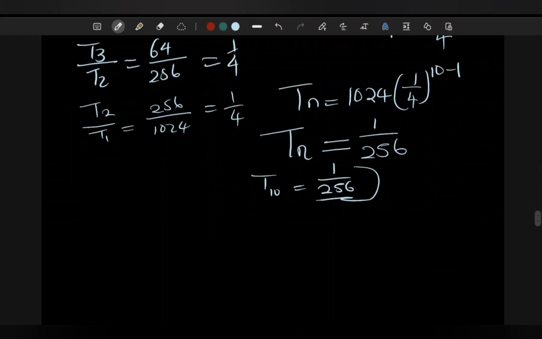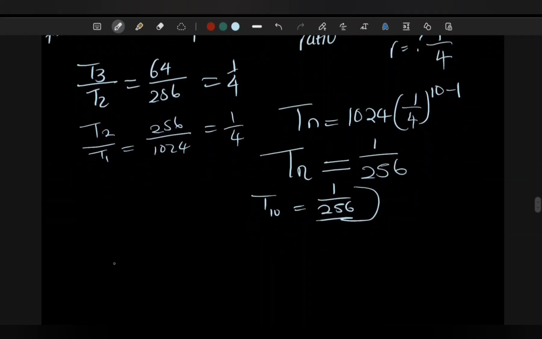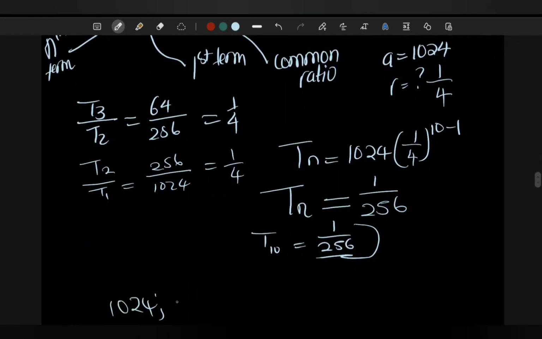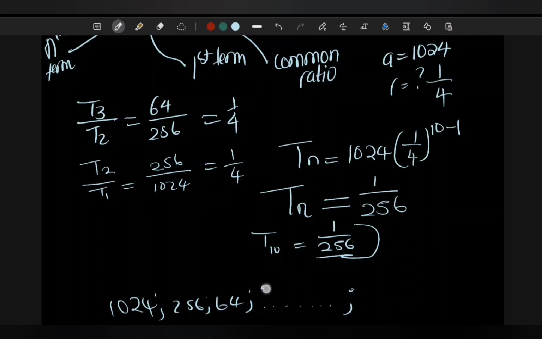To make it look more complete, you can write 1024, then your second term 256, 64. We don't know what is in between. T1, 2, 3, so there's 4, 5, 6, 7, 8, 9. And then our 10th term is 1/256.